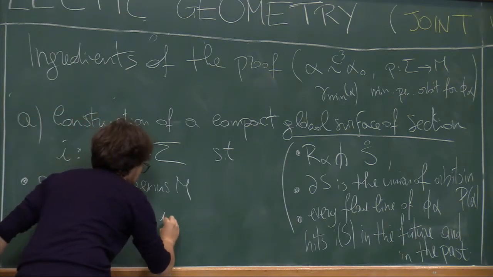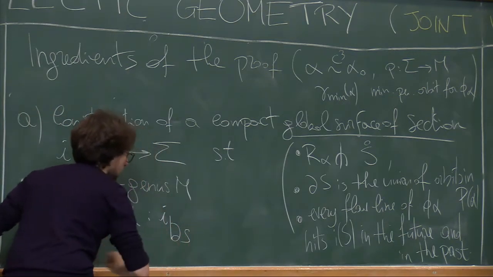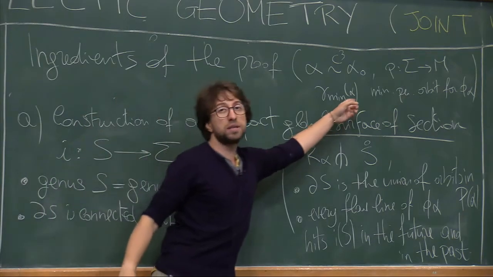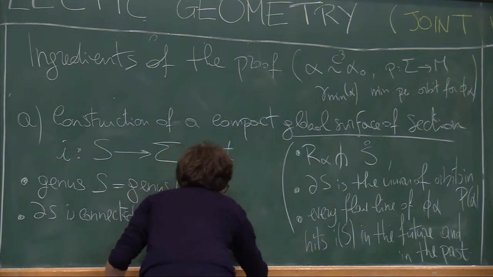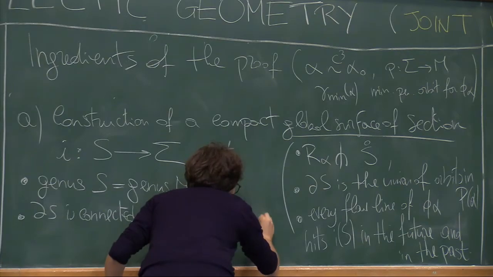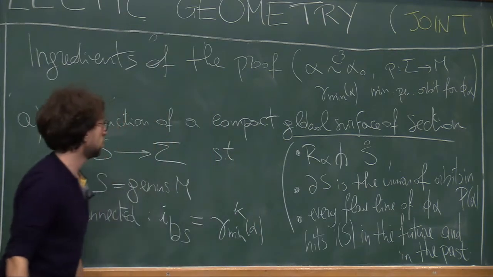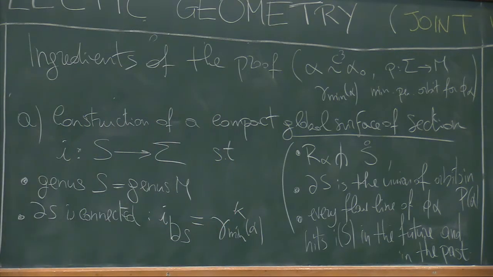And when I restrict I to the boundary of S, I just get this orbit, the minimal orbit, iterated k times, where k was this integer I defined before.